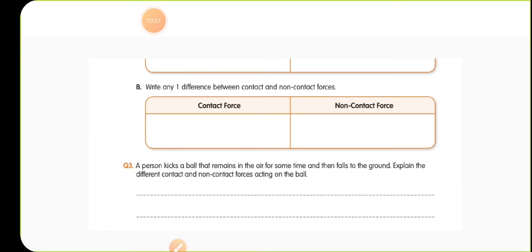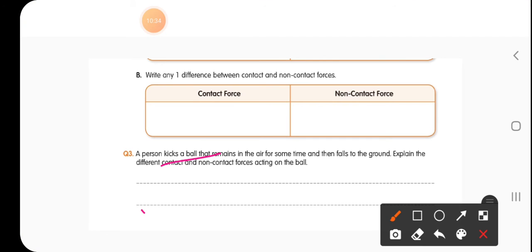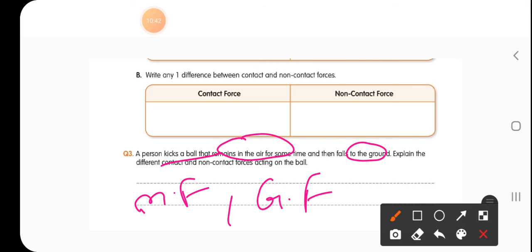When a person kicks the ball, a muscular force is acting on the ball, which remains in the air for some time, then it falls down. That means a gravitational force is also acting on the same ball. If it is a muscular force, the ball is kicked, meaning the boy and ball, two objects, are in contact with each other, so it's a contact force.